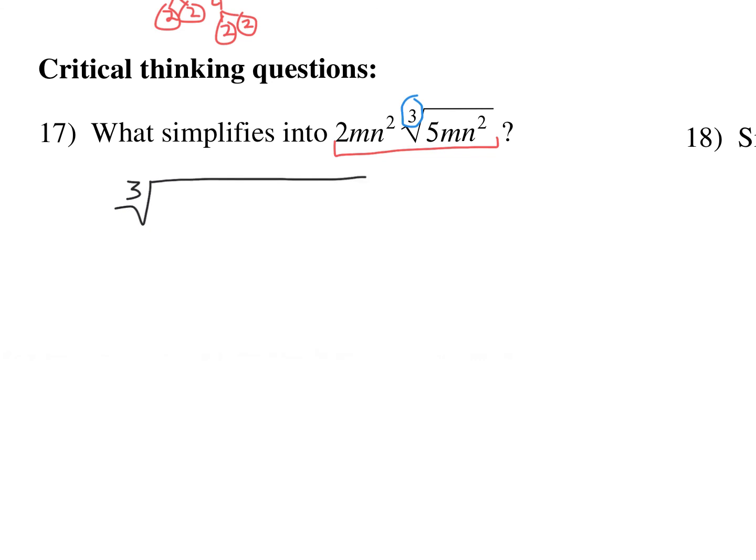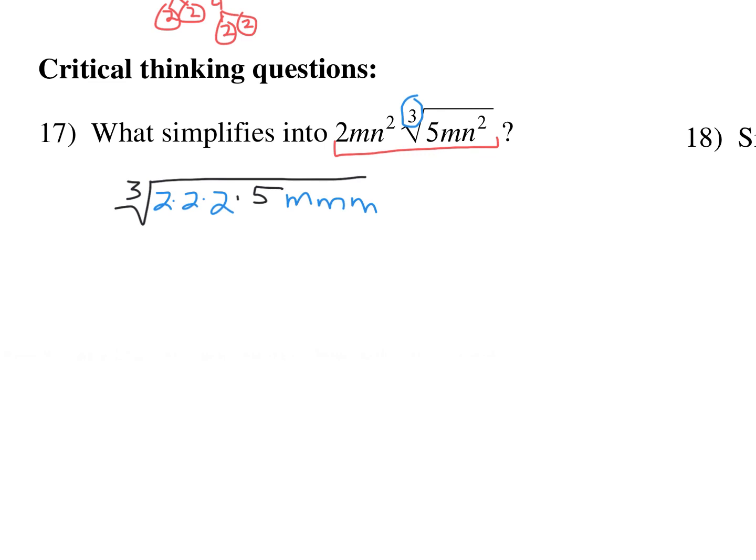and I'll show you a shortcut to doing this in a minute, means that here, in order to have 1 2 come out in front, I must have had 3 2s underneath there. And then we have this 5, so I'm going to leave that 5 underneath there. And then for the m's, we must have had 3 m's underneath here. So m, m, m, right?